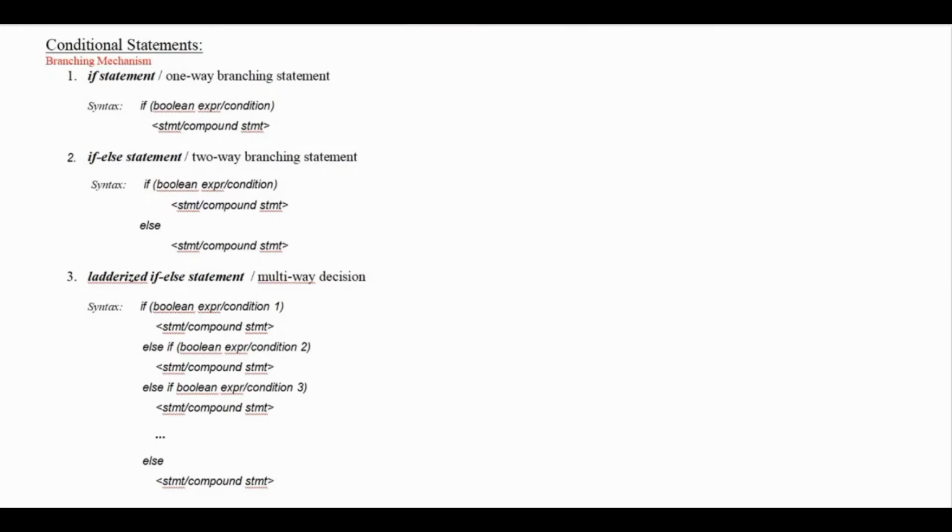Now let's have an example for number 3, the ladderized if-else or the multi-way decision. Say for example, we're going to create a program that asks users to input an integer x. We have this void main, and then we declare x as an integer type, and then we ask the user to input the value for x, and then we determine if it is positive, negative, or 0.